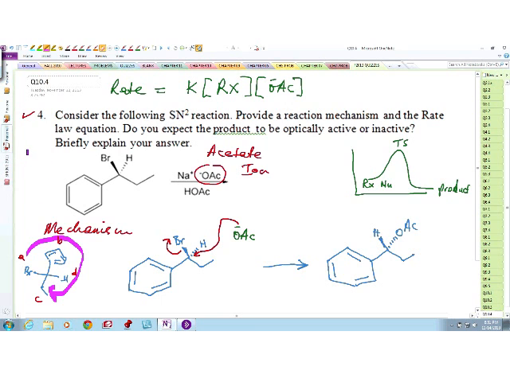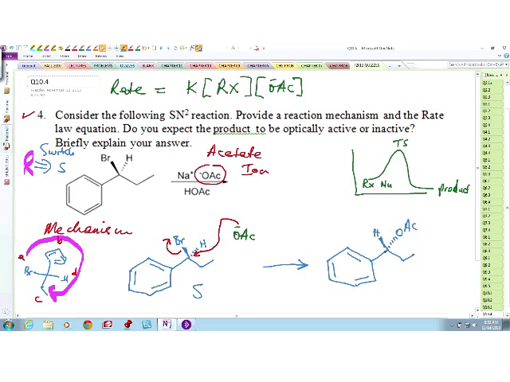According to that motion, that should be R. However, because the group of lowest priority is coming at me in a Fischer projection, I have to do the switch. So that is actually S. So therefore, if you look at this, this is S. Okay, let us determine the absolute configuration of this here.